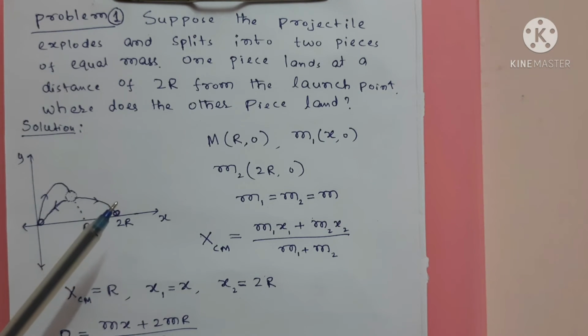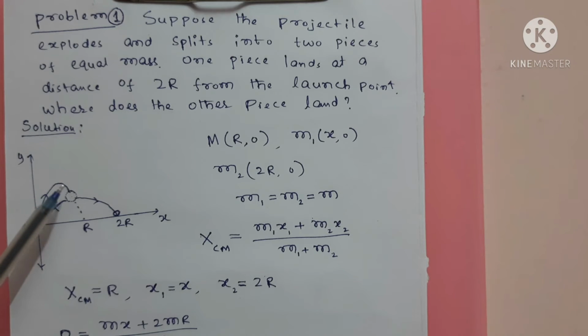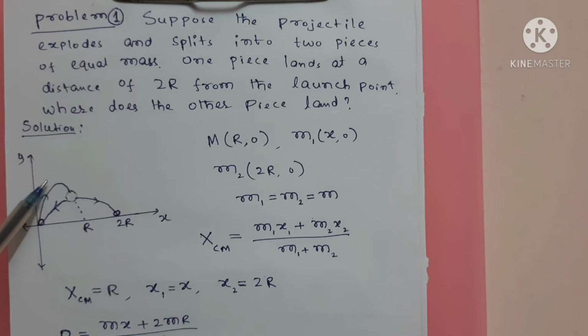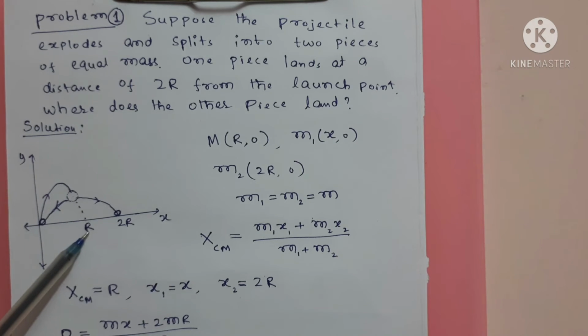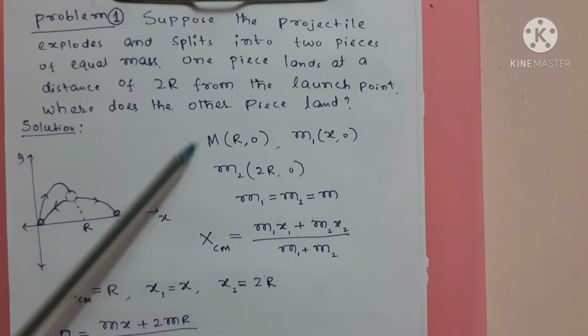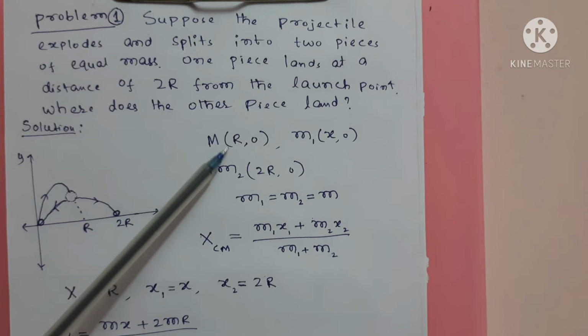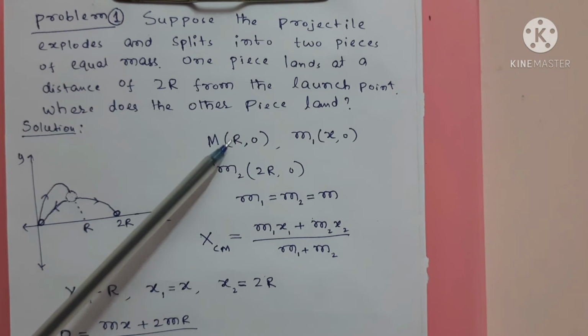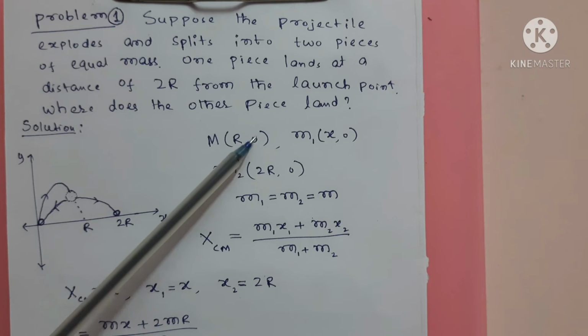So here, the total mass before explosion, I am calling it capital M. Capital M is supposed to reach at R, that is range. Suppose it is not exploded, this total mass reaches here. So total mass capital M, the position is (R, 0). R is the range, 0 is the y coordinate, means x coordinate is R, y coordinate is 0 because it is on the x-axis.